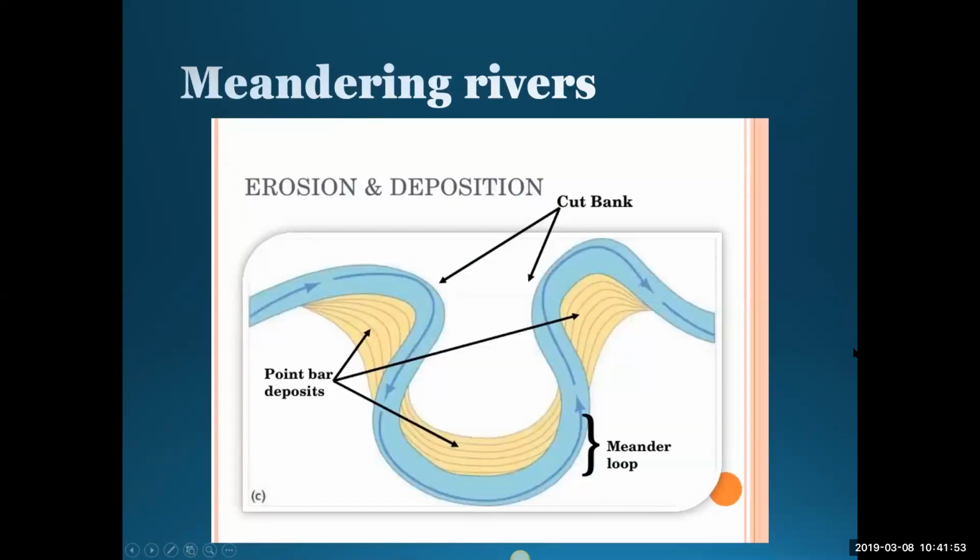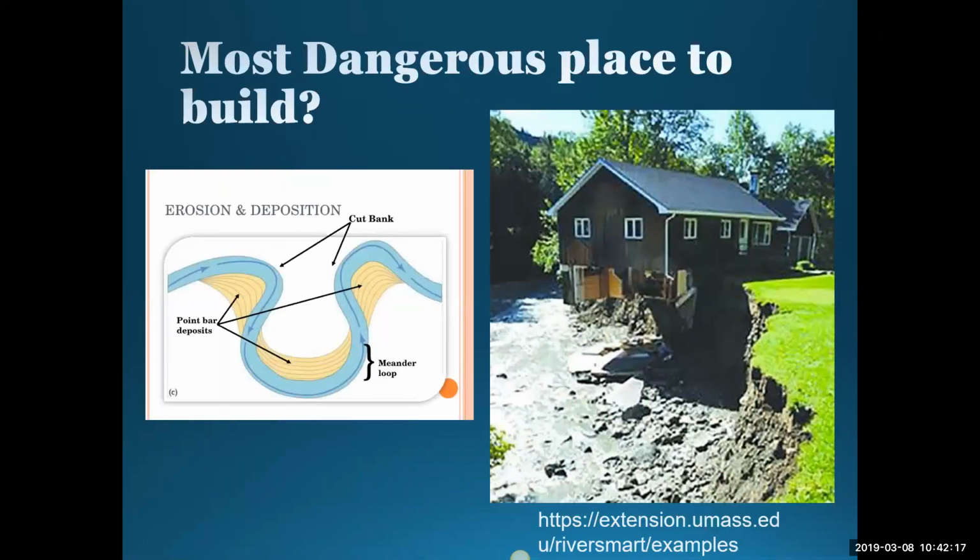So in the video, it talked about how there's erosion on the outside of a curve and deposition on the inside of the curve. That's really important. There's several questions in the test bank about meandering rivers and where erosion happens, and specifically which side of the meander would be the most dangerous to build a home.